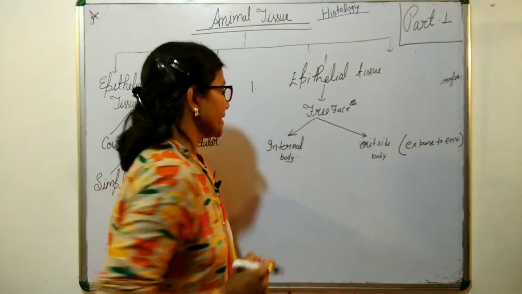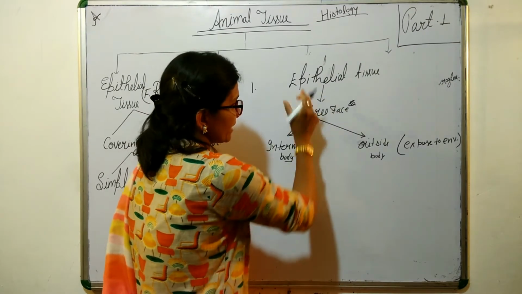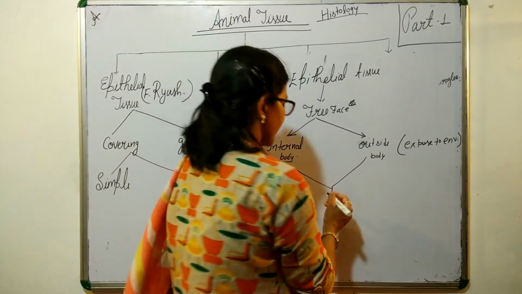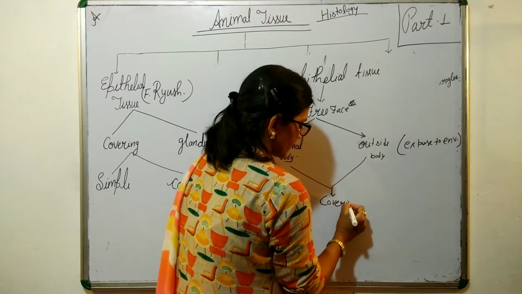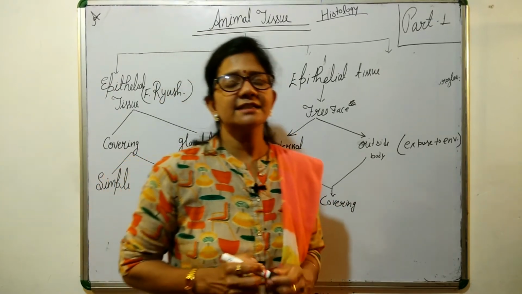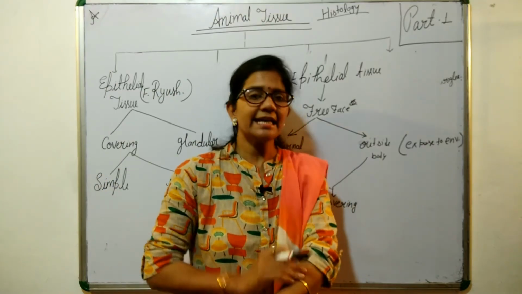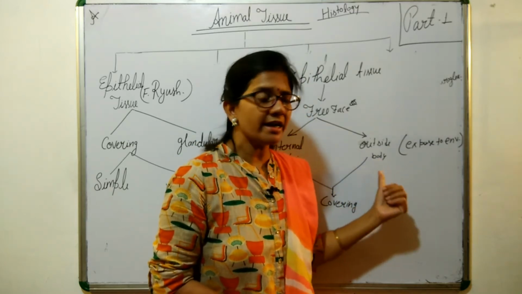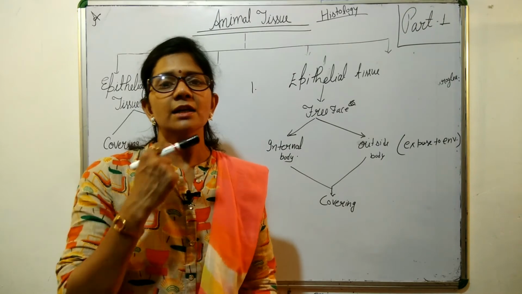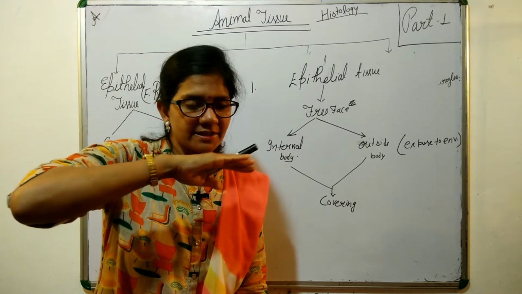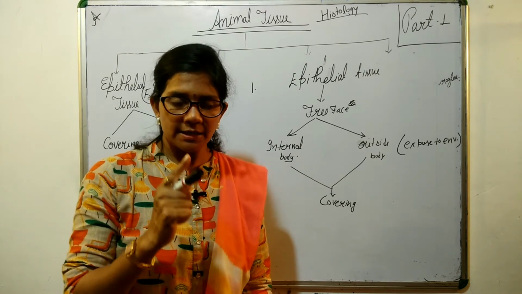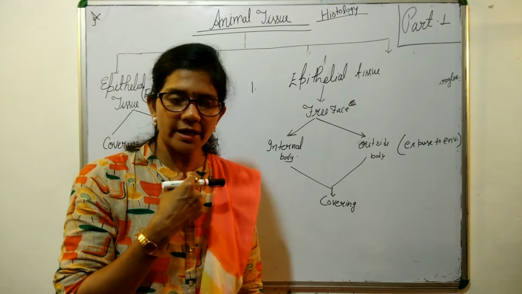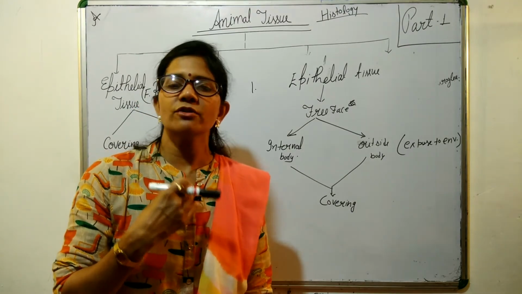These epithelial tissues are just covering tissue. How? If they cover the outside body parts, then they will face the external environment. If an internal organ has a cover of epithelial tissue, only then it will face the internal environment of the body.